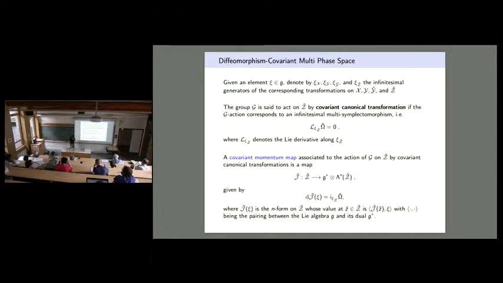Yeah, now we have our multisymplectic space-time. Can we build an associated covariant momentum map on that? This was the work of Gotay et al., which showed that you can consistently define a general covariant momentum map for the action of diffeomorphisms on this multisymplectic phase space. So this is a good thing.